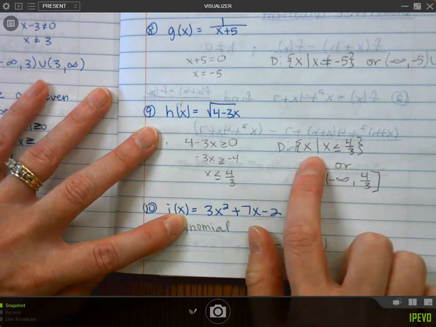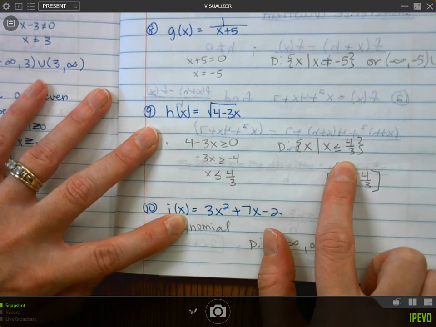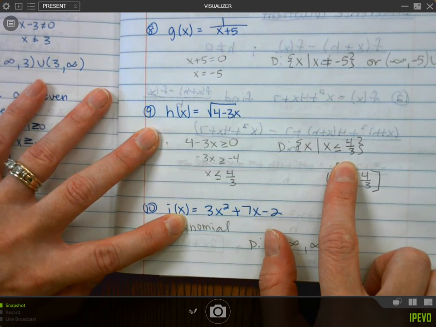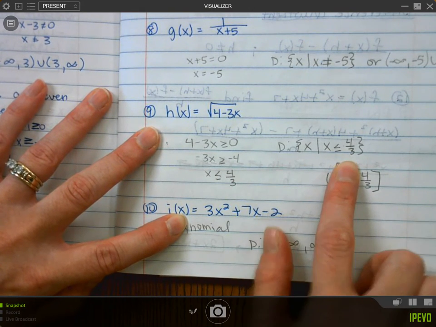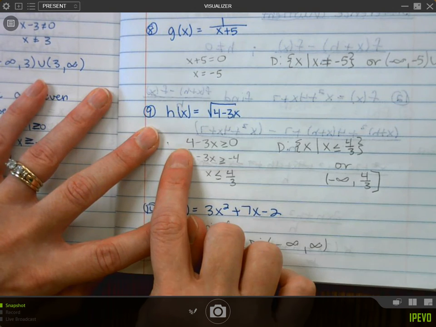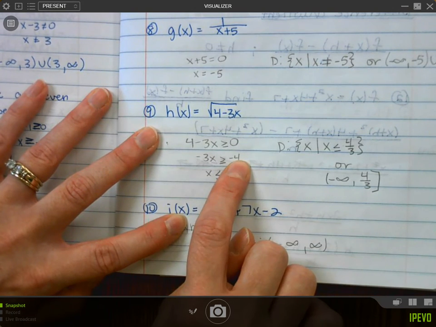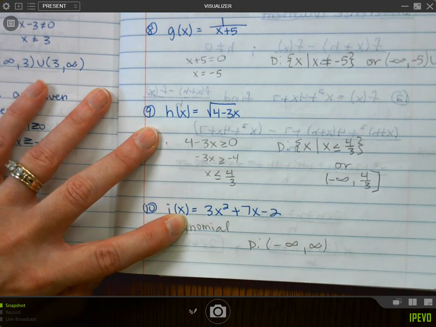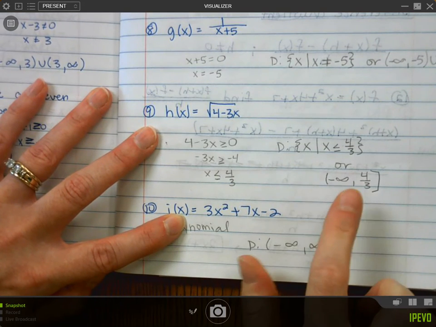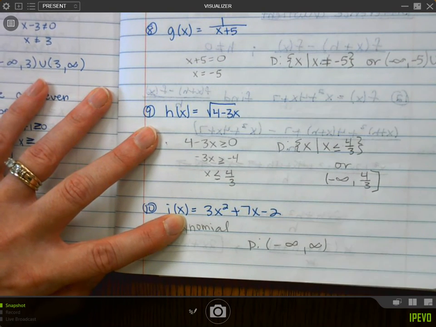So now we want x's such that x is less than or equal to 4/3. And back over here, just in case you need it, I subtracted 4 divided by -3. That's where the 4/3 came from. And then if you want to write it in interval notation, we're talking less than, so we start at -infinity and we go up to 4/3.